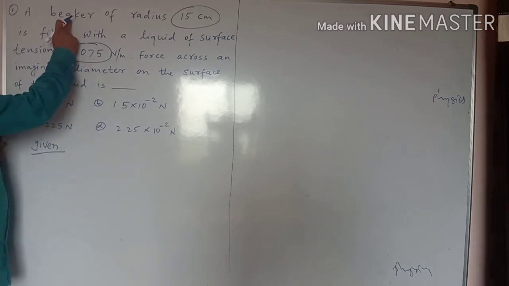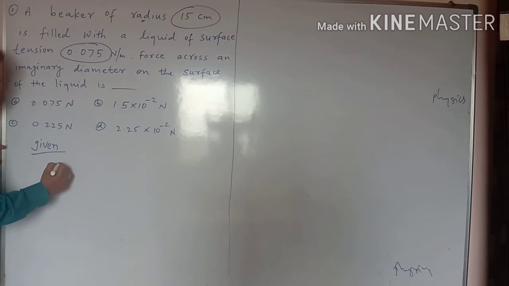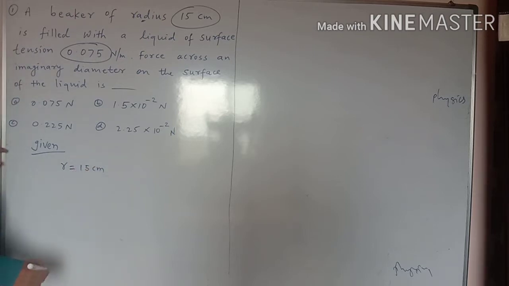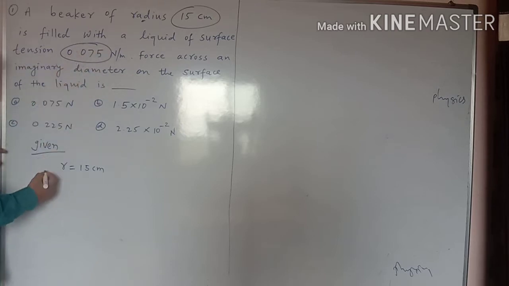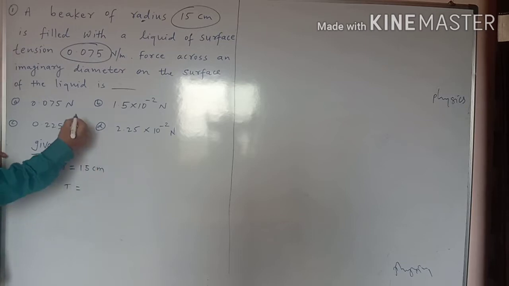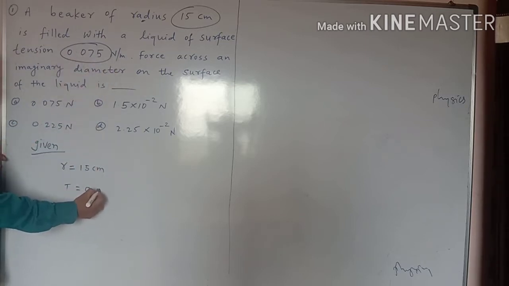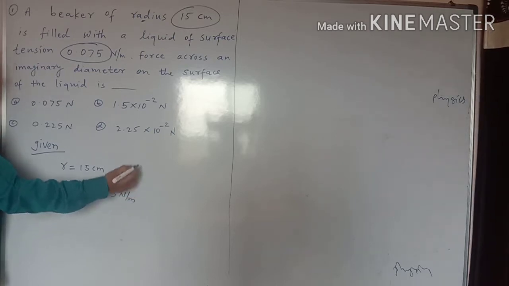Here the beaker's radius is given, so we can write small r for the radius of the beaker. It is 15 centimeter. The liquid's surface tension is 0.075 Newton per meter.